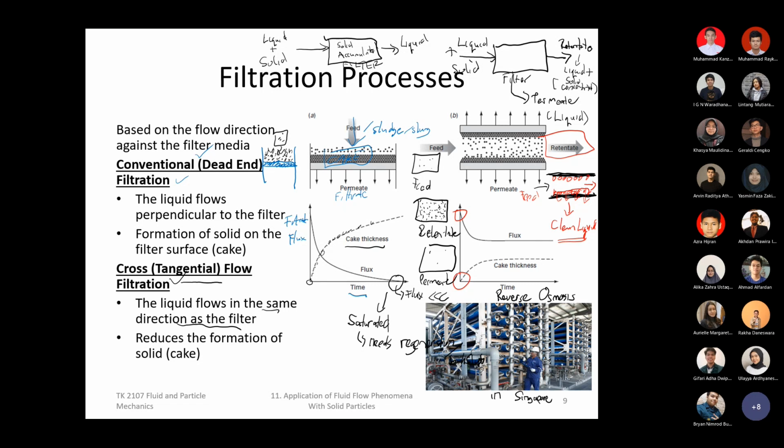If it's seawater, it's abundant. But you need to have a technology to remove these saline salts inside of the seawater. So this is kind of a drinking water production in Singapore, or probably what it looks like also in the Middle East.